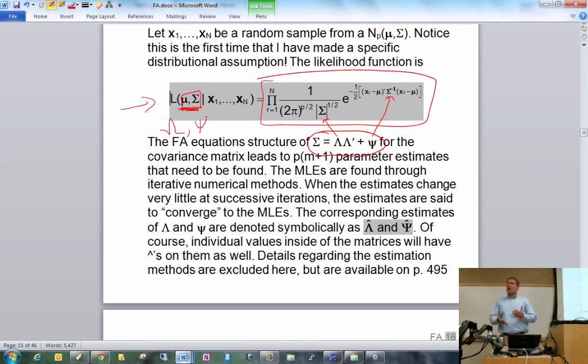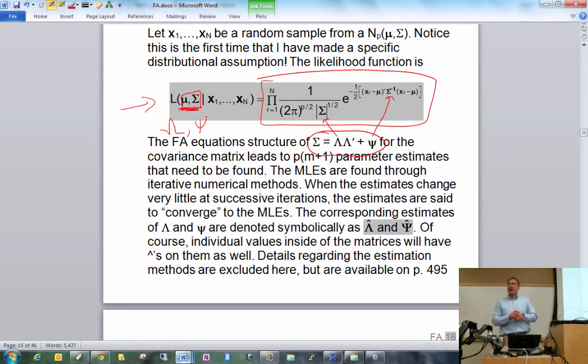Since this equation is much more complicated, you cannot analytically derive what the lambdas and psi's are. I cannot just write out one equation: lambda 1 is equal to some information in my data. I can't do that. So instead, I have to use numerical iterative methods to help me maximize this likelihood function and find the lambdas and the psi's that do that. Okay.